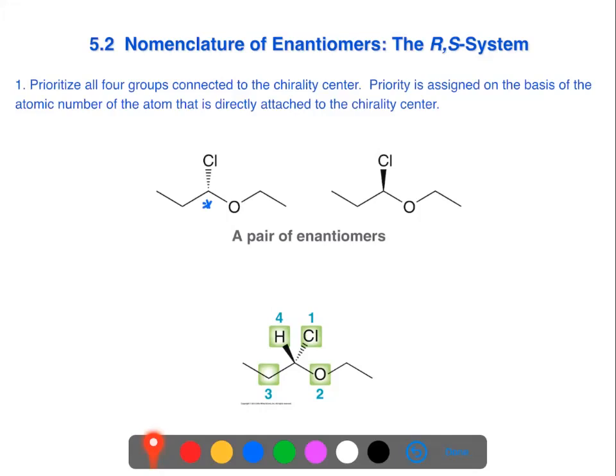And so, as you can see, we've assigned the priority of the groups: the chlorine atom being first, the oxygen in the ethoxy group being second, the first carbon in the ethyl group being third, and then finally, hydrogen is your fourth group as we prioritize those groups.